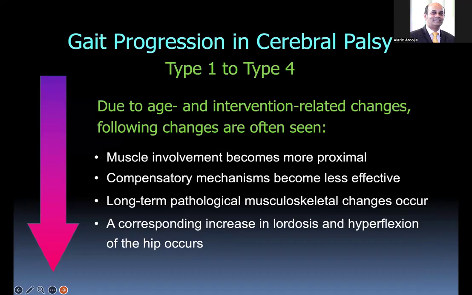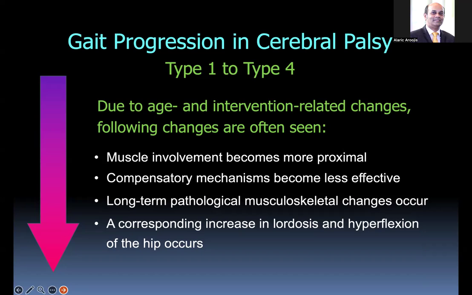And what we have seen is that these type 1 to type 4 are not discrete gait patterns, but actually a spectrum or continuum, where as the muscle involvement goes from more distal to proximal, the compensatory mechanisms become less effective, and many of these children progress from a type 1 into a type 4 gait.